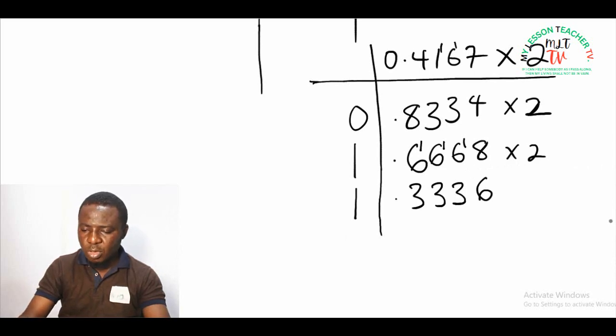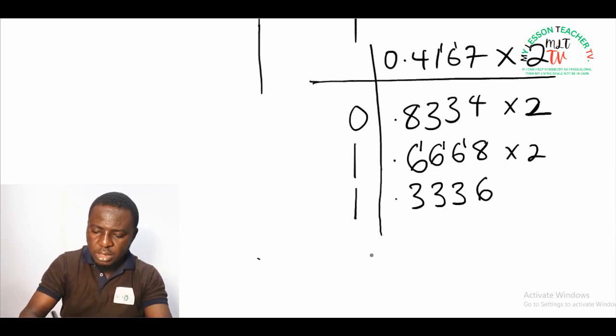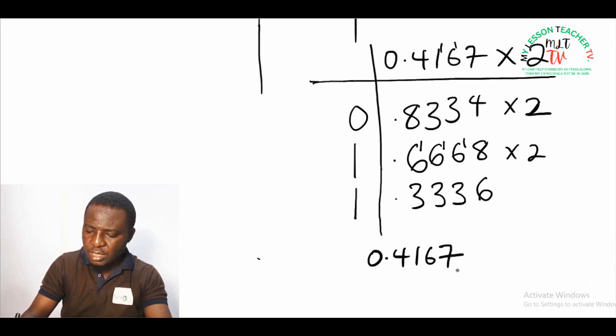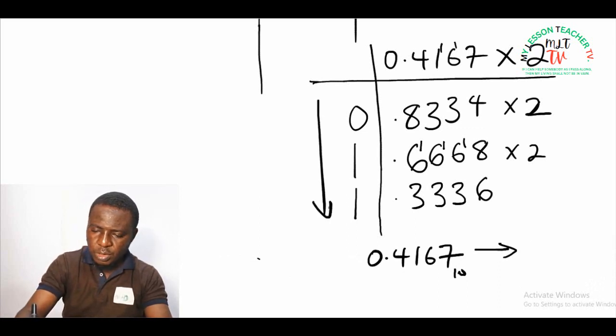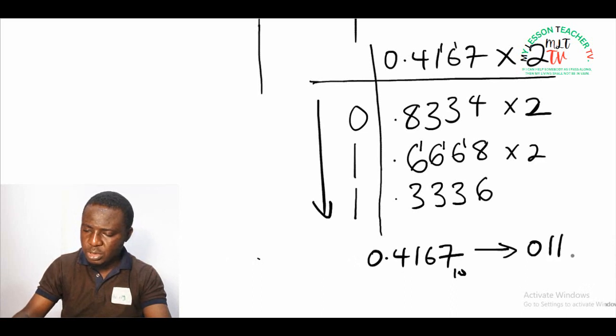So I have gotten to the third decimal place, which stops there, such that 0.4167 in base 10 can be said to be equivalent to, if you take it downwards, 0.011 in base 2.